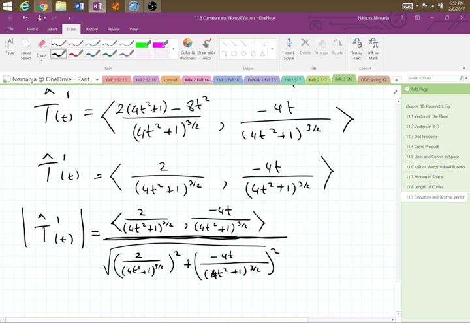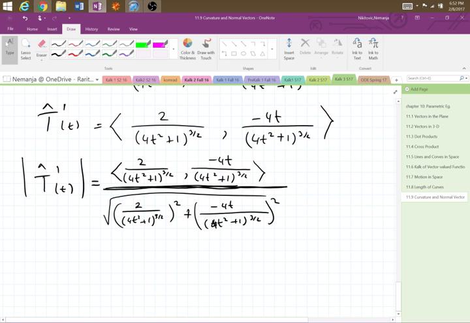And again, so the square roots in the denominator, the denominators, right, 3/2, the halves drop because of squaring, and you are just left with, in this case, 4 over 4t squared plus 1 cubed, and in this case, 16t squared over same.